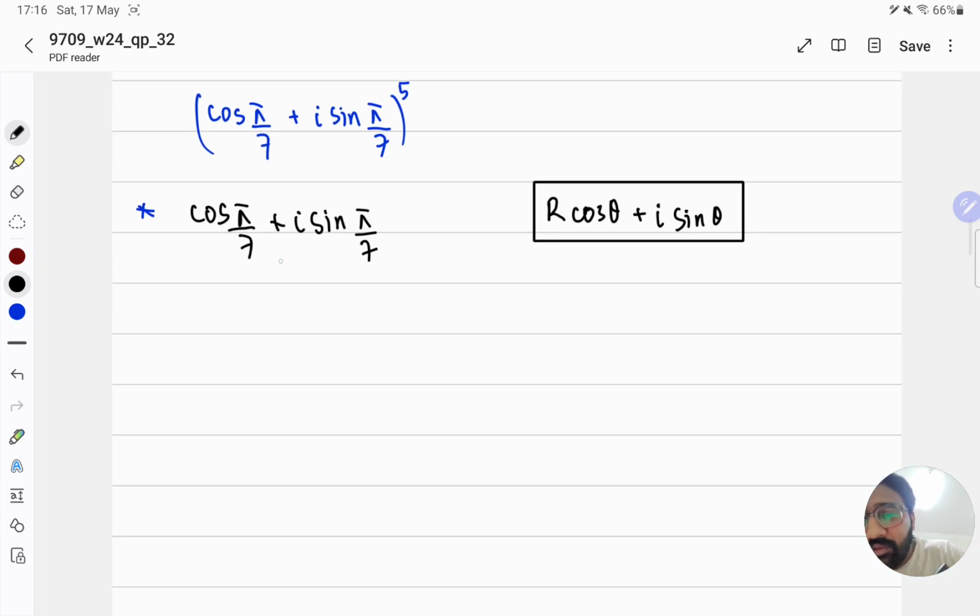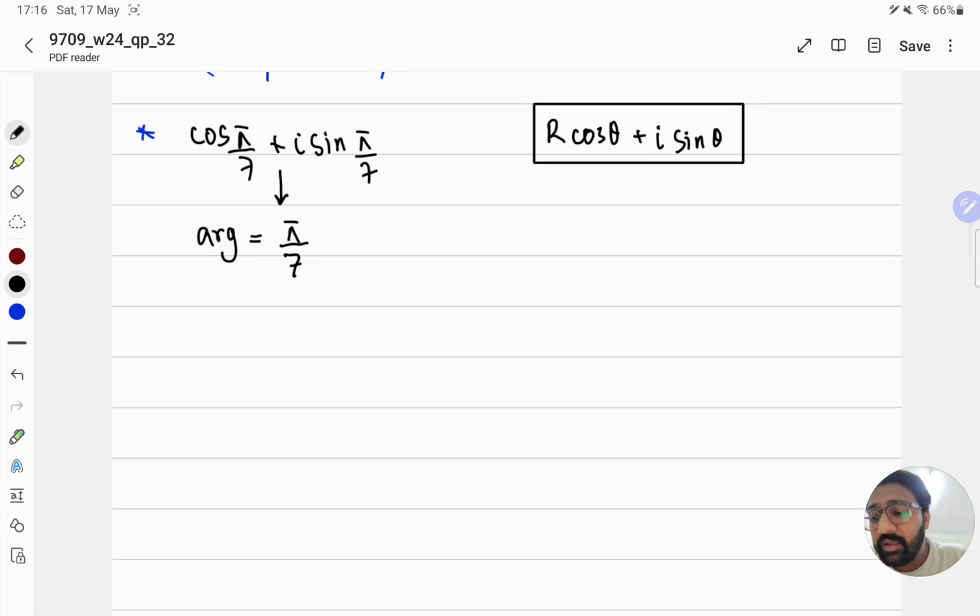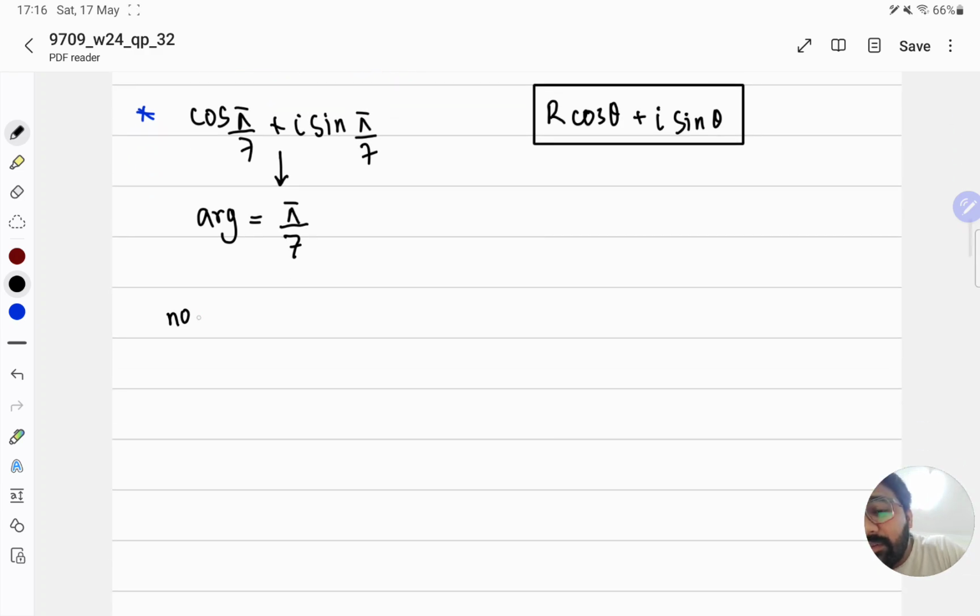So the argument of this thing is going to be pi by 7. This is the argument for cos pi by 7 plus i sin pi by 7. But if the actual question has a power of 5, what will you do?